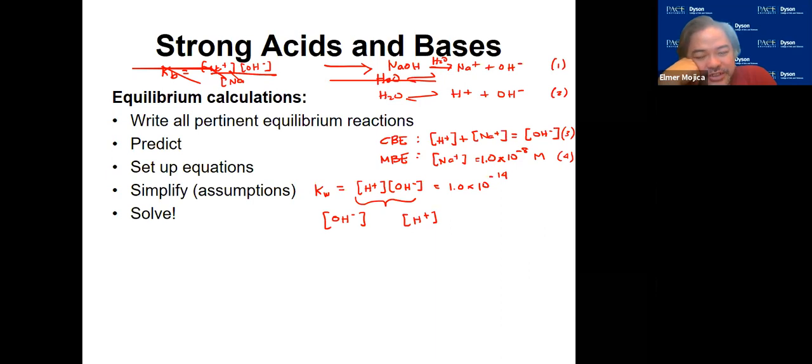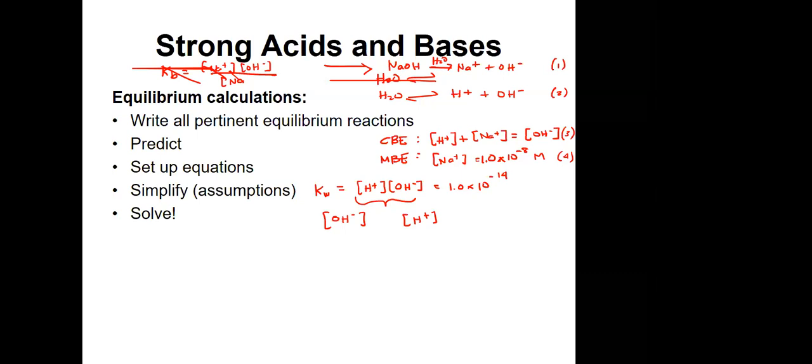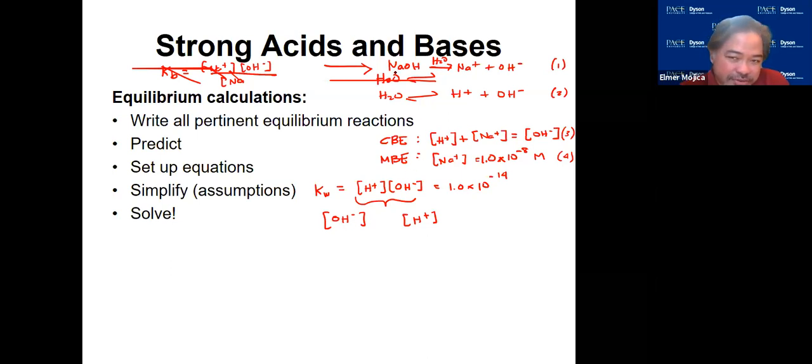Okay, so the answer there is no. Now the question is why? We added more hydroxide anions from the sodium hydroxide. Okay, you have more hydroxide because there's another source of hydroxide. Water is the source of the H plus and hydroxide. But in addition to water, you also have sodium hydroxide. So you can have that assumption that hydroxide is greater than H plus.